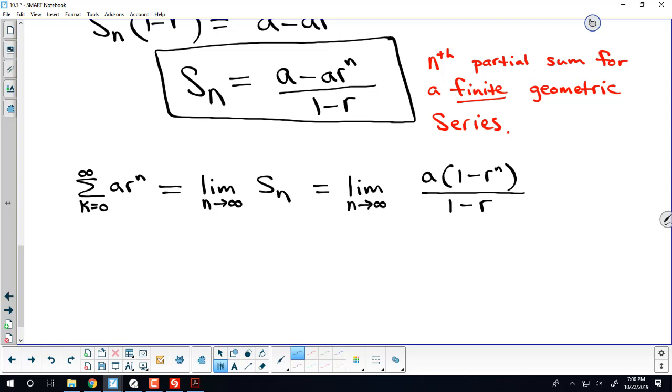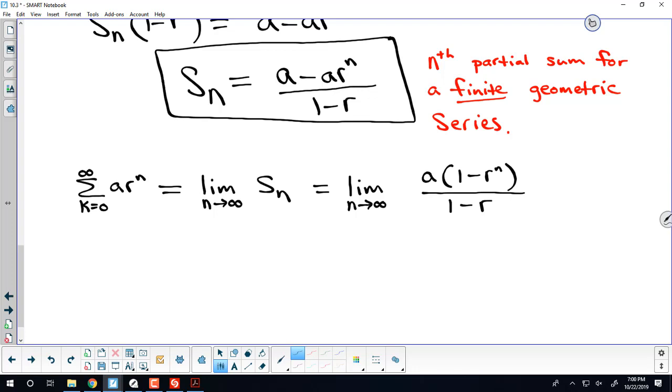Wait. Isn't r a third? Was that our nth partial sum? Very confusing.